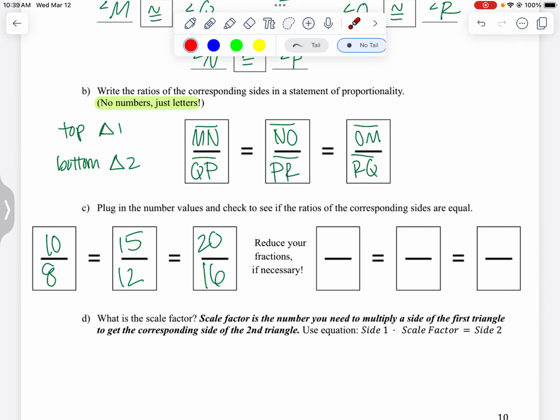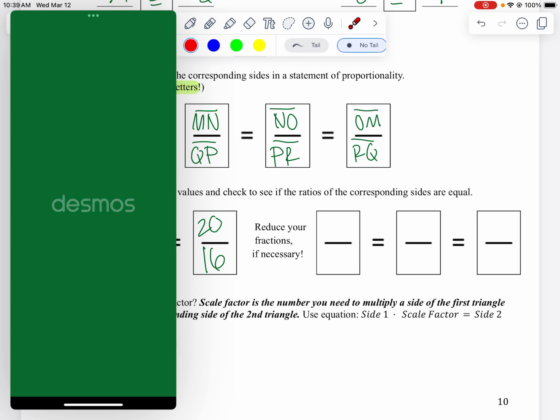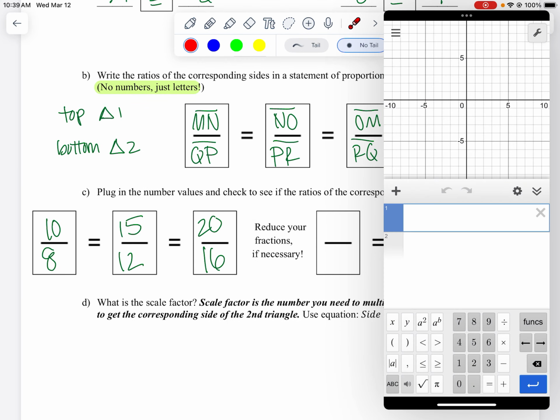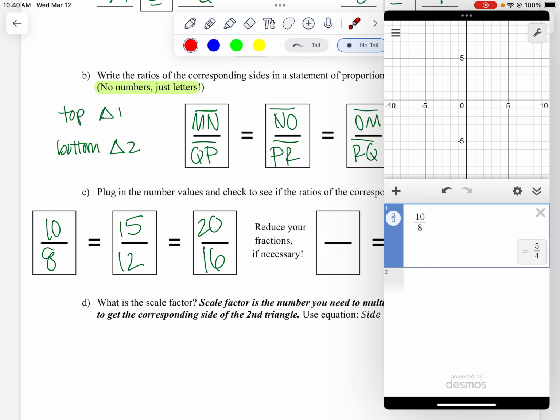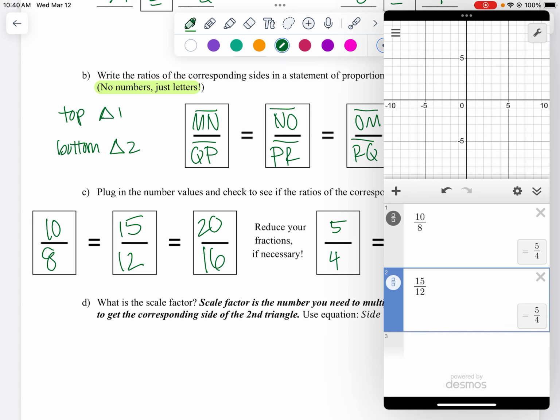And then, just like we've seen in the past, we want to make sure that my ratios simplify. So I'm going to take out my calculator and plug in my first ratio, which is 10 divided by 8. Let's see if we simplify. Nice, it does. It simplifies to 5 over 4. So I'm going to write in 5 over 4. Let's check my next fraction. I have 15 divided by 12. Same exact thing.